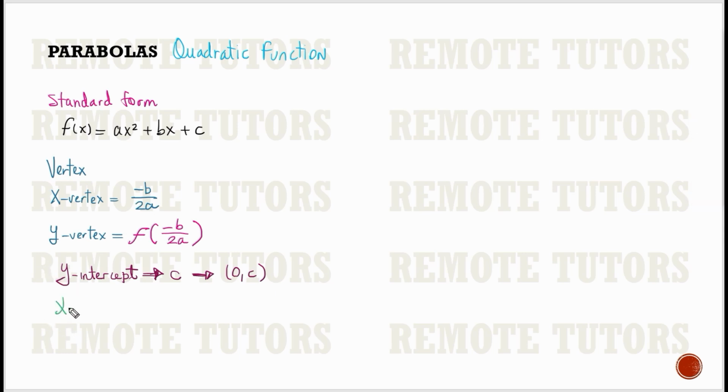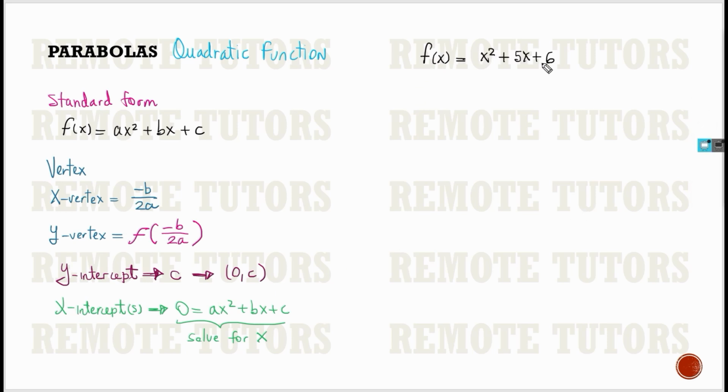And last, the x-intercepts are found when you replace f of x by 0. So here all you have to do is solve for x, and then you will find the x-intercepts.